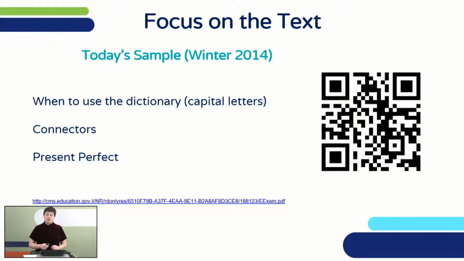Because in this QR square, you're going to scan it and get a PDF file of this Module E Bagrut test. It's an unseen from the winter of 2014. And as we go through it, we're going to look at when to and when not to use the dictionary. We're going to look at the connectors, and we're going to look very detailed at the present perfect. So you'll want to download that so you can follow along.